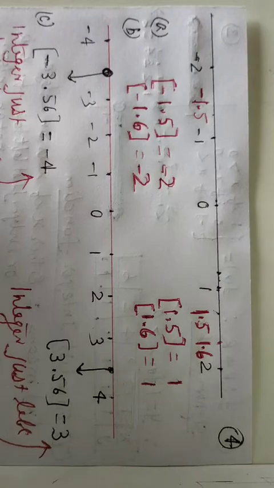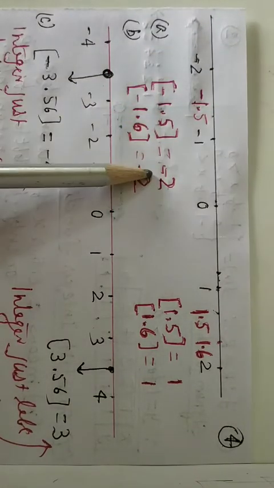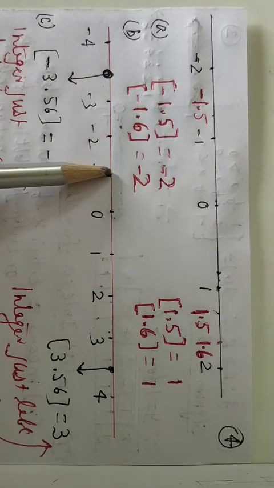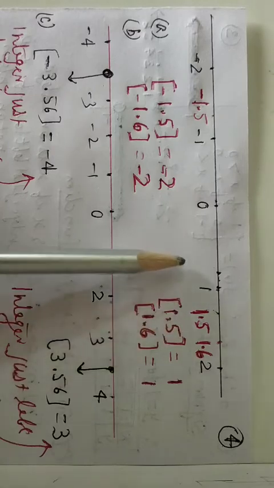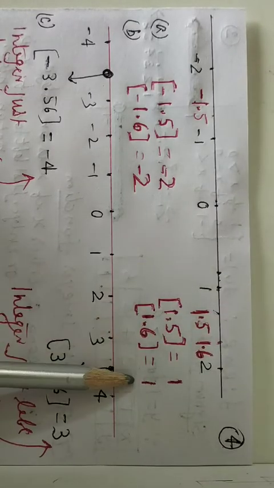Again, greatest integer of minus 1.5, move left, minus 2 is the answer. Minus 1.6, move towards the left, minus 2 is the answer. 1.5, move towards the left, 1 is the answer. 1.6, move towards the left, 1 is the answer.